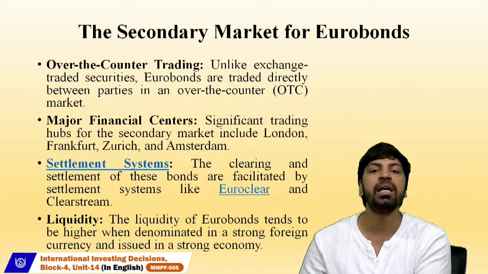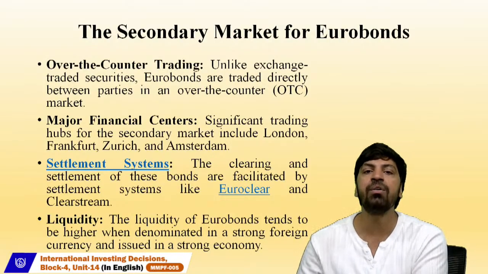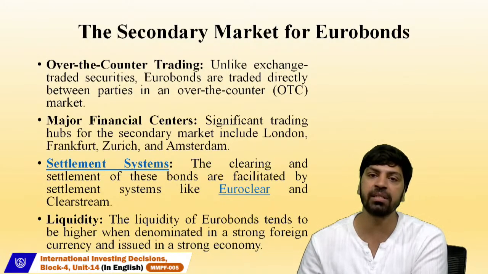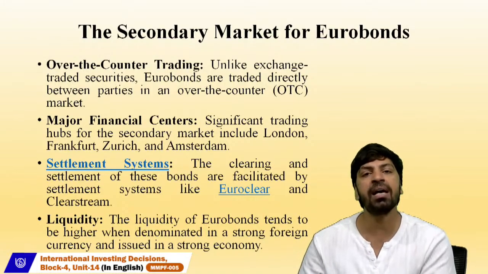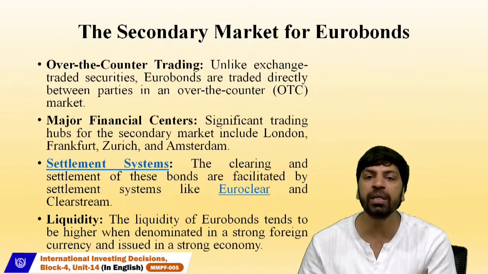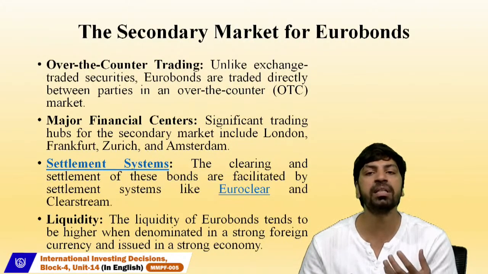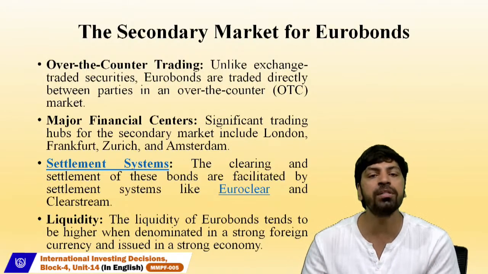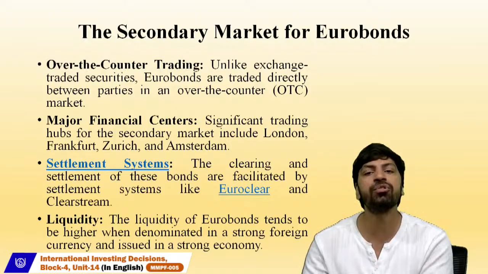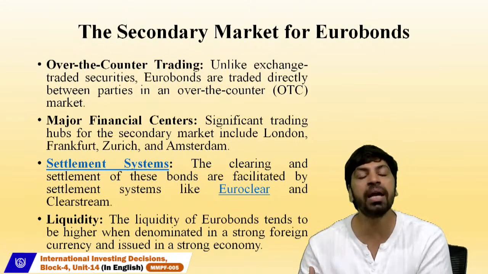Next one is liquidity. Liquidity of Eurobonds tends to be higher when denominated in strong foreign currencies and issued in a strong economy. So as Eurobonds are more liquid, the liquidity rate would be higher in such bonds, because of the strong foreign currencies and strong issuing economy.